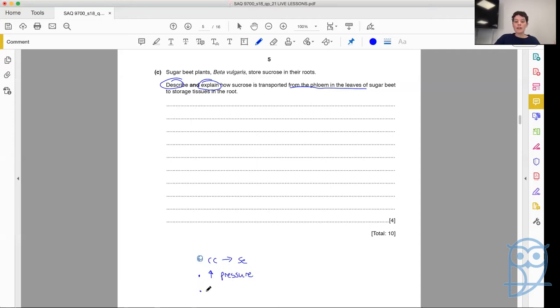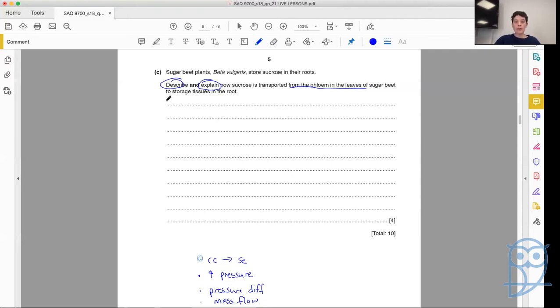Then we've got to get the pressure difference because of what's happening at the sink, the removal of that sucrose. And then we're going to get mass flow. So you see, just a few short notes can help you then structure your answer, and you don't go off on a tangent within a longer answer. This is 4 marks. It's a relatively long answer for these papers.